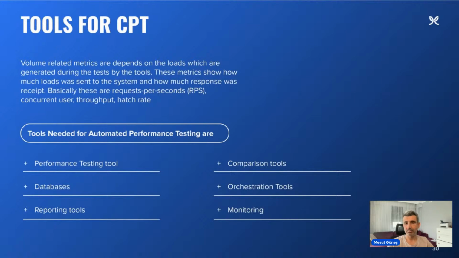Also, we need maybe comparison toolings like AI, and maybe some statistical package. Also, we need some orchestration toolings. All the things are automated, and this automation should be handled by orchestration toolings, and also the critical one, the monitoring toolings.